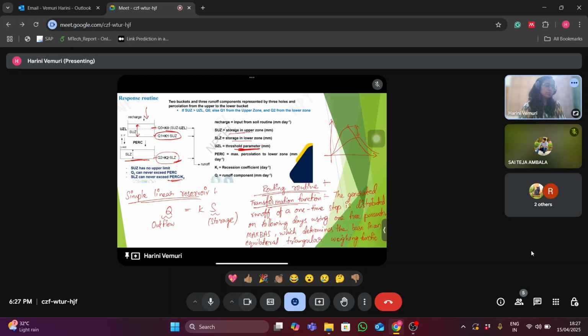So basically it transforms the hydrograph that is generated after the second module. It will get transformed using the transformation function, and we generate the final runoff hydrograph.